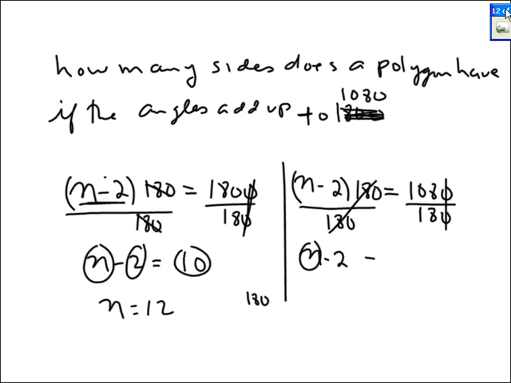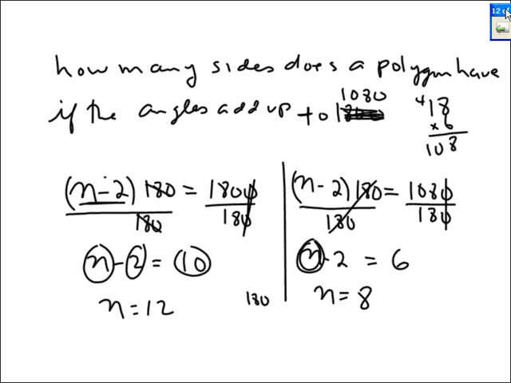First thing I would do is cancel out the zeros. What do you multiply 18 by to get to 108? Well, 18 times 6 is 108. 6. 8 minus 2 is 6. So it is an 8-sided polygon if the angles add up to 1080.